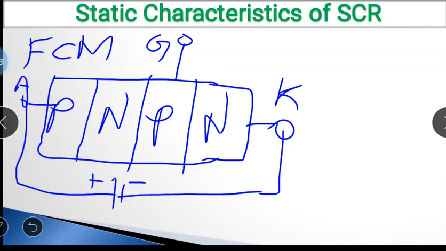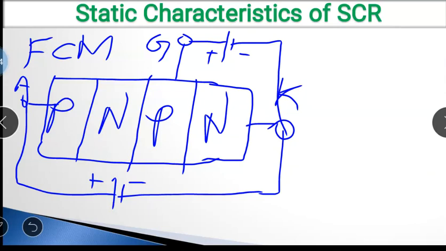In that case, we will also connect the gate terminal. This is the positive gate. Here we connect the positive gate. So this is the circuit or structure for forward conduction mode.